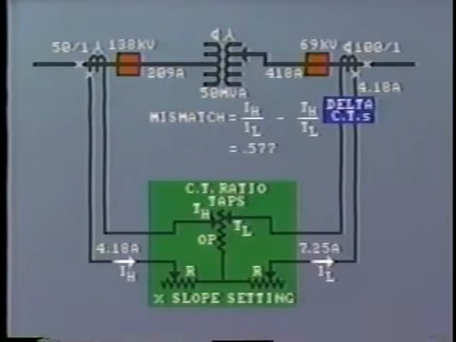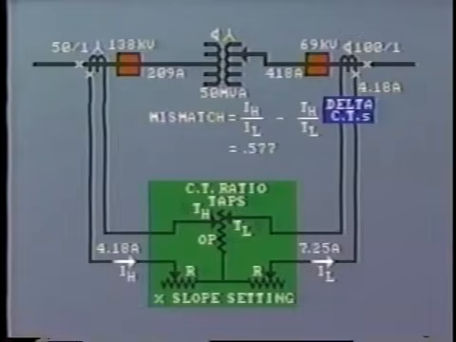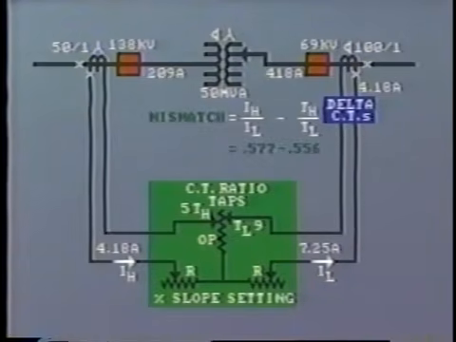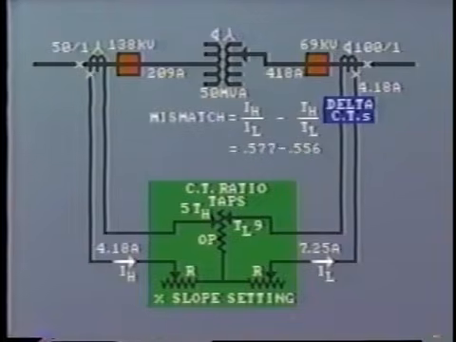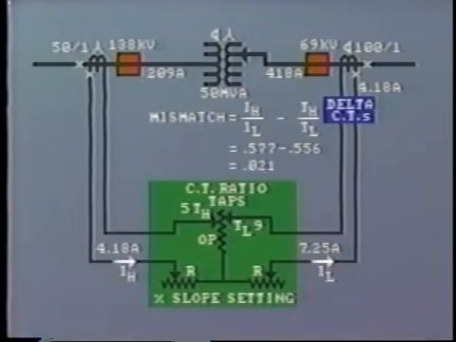Let's now look at the taps. Suppose we have the high side CT tap set at 5 and the low side tap set at 9. The ratio TH over TL equals 5 divided by 9, or 0.556. The difference between these two, that is, the mismatch, is 0.577 minus 0.556 equals 0.021.